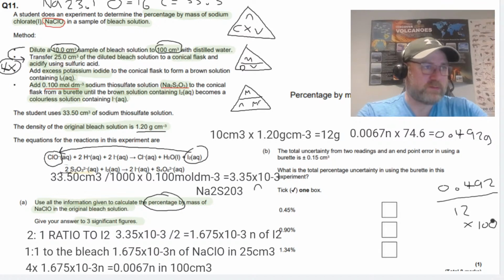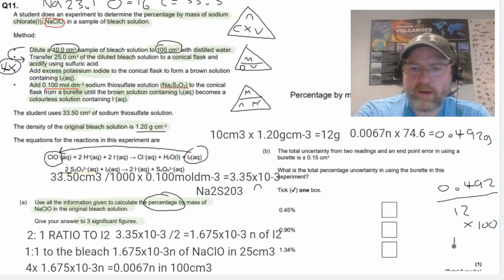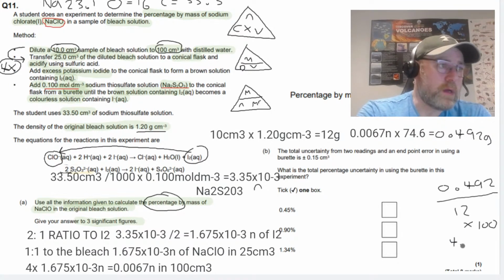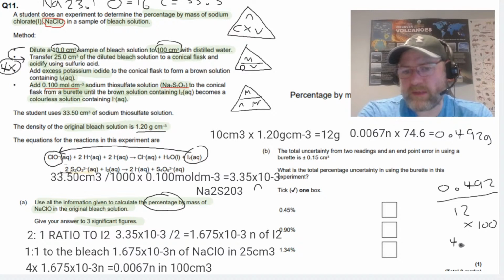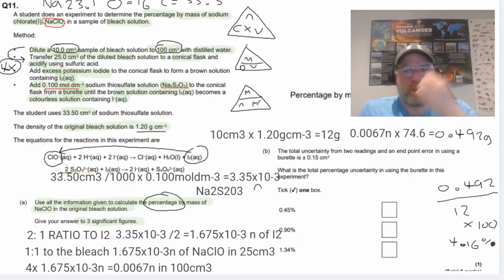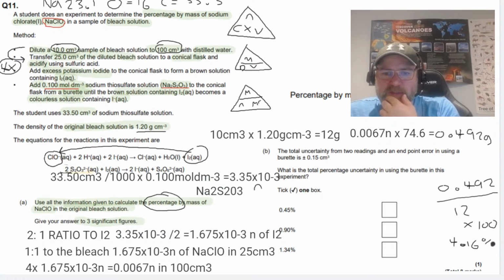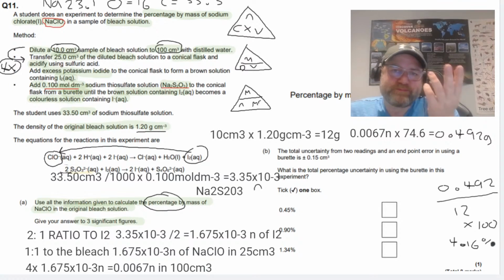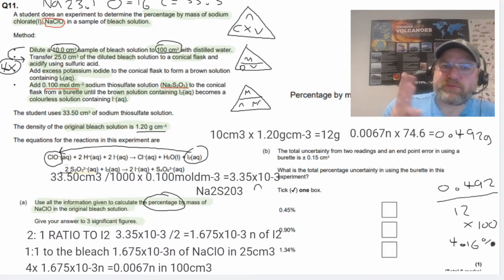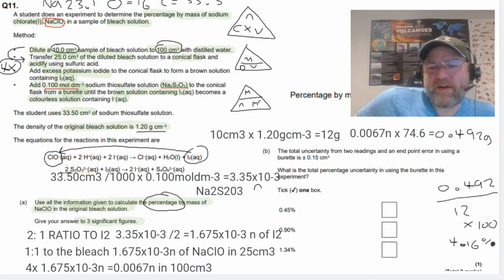Bob's your uncle, Jim's your aunt. 4.1%. Might even be like 4.16% if I don't do all my roundings and stuff. Okay, so 4.1% or 4.16%. As long as there's 3 significant figures there. All right.